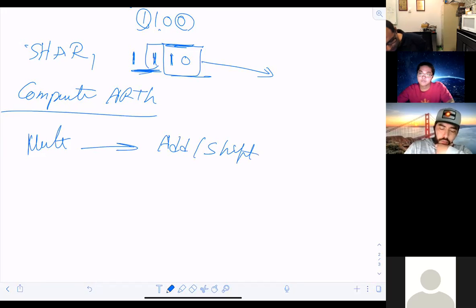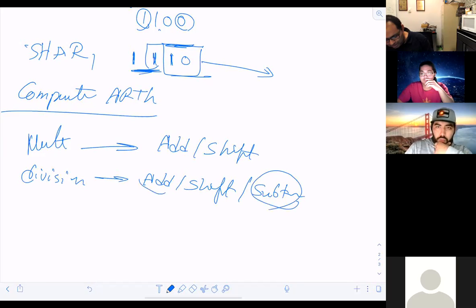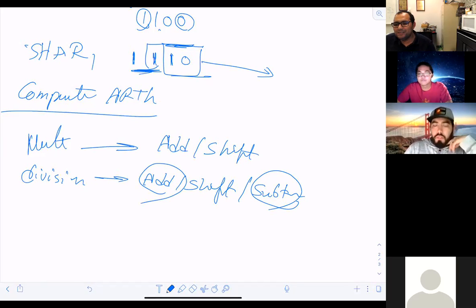Division is add, shift, and subtract. But then subtract is also add, because you add the complement, and then everything will be add. So the entire computer can do things with shift and add.